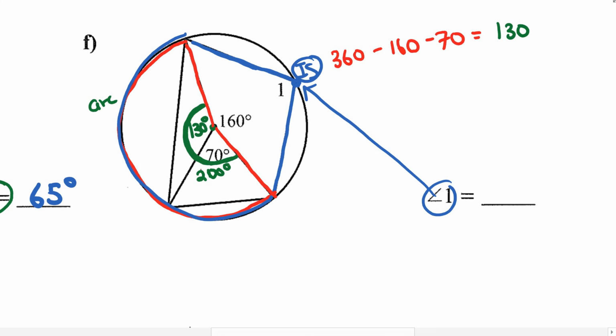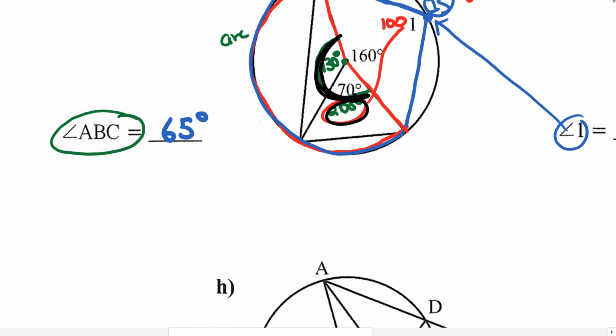Since the central angle has a value of 200, this has to be half of that, which is 100. So for letter F, angle 1 is going to be 100 degrees because the inscribed angle is always half the value of the central angle. The central angle I'm using this time is this entire angle right here, which has a value of 200 degrees. Okay, sorry for that one. I did have to adjust my thinking for that particular problem.